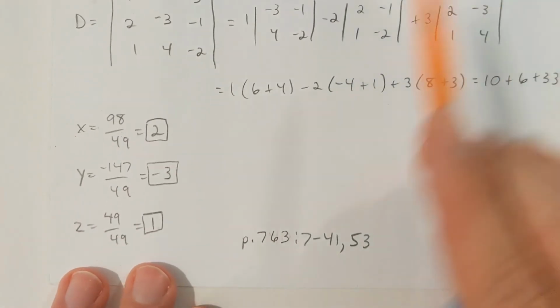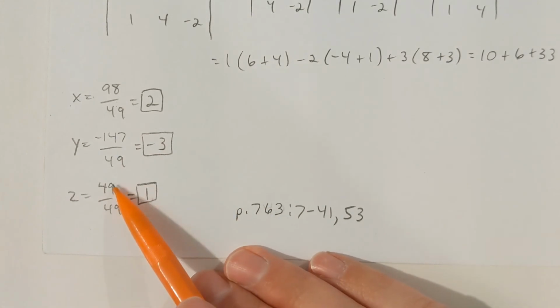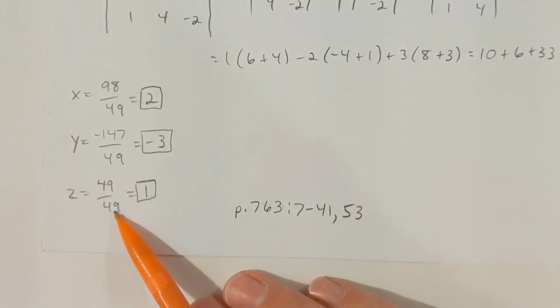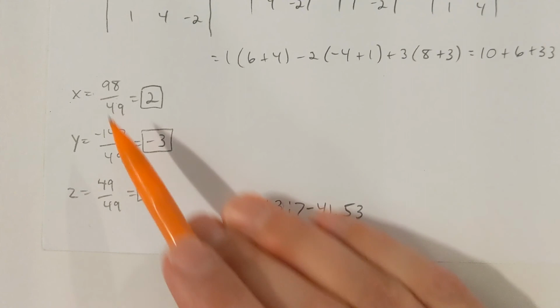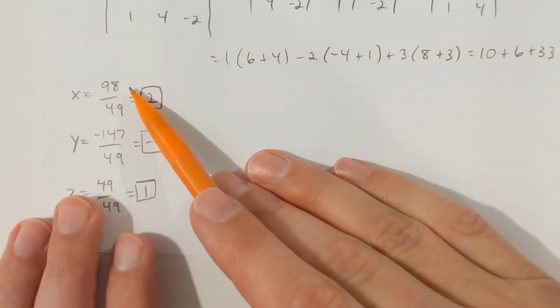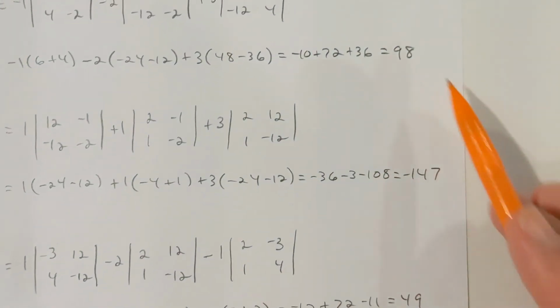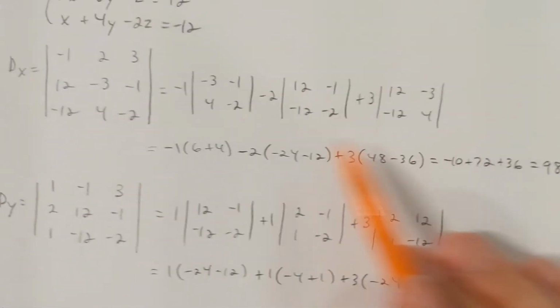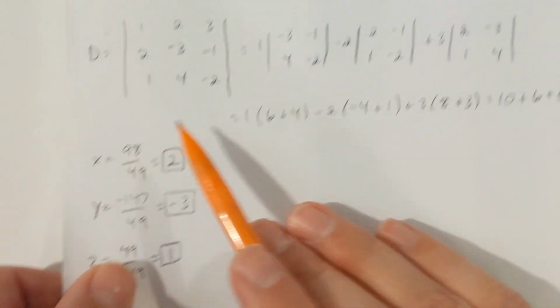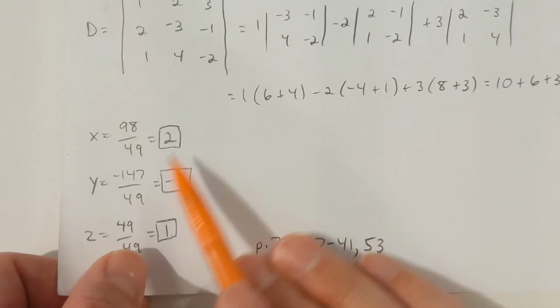Okay, so now that we've got d sub x, d sub y, d sub z, and d found, we can then find x, y, and z. X is where we take d sub x, which we said earlier was 98, and we're going to divide that by d, which is 49, so I get x equal 2.